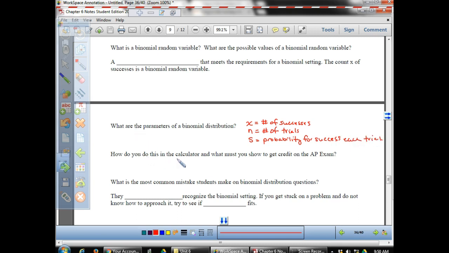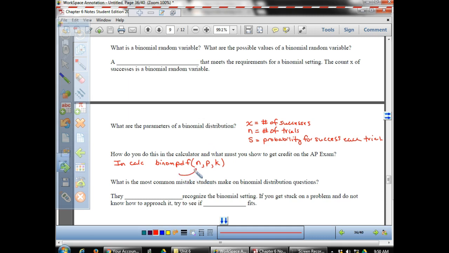So how do you do this in the calculator, and what must you show to get credit on the AP exam? In the calculator, it's going to be under binompdf, and this will be n, comma, p, comma, k. Those will be our parameters. I'll tell you what all that is.